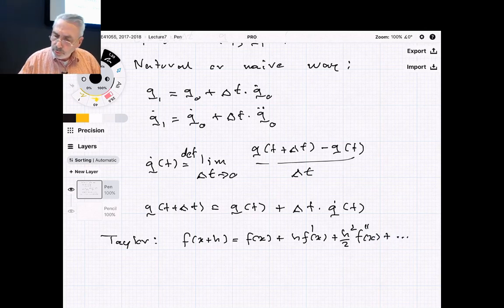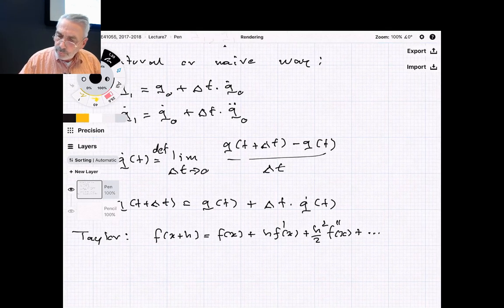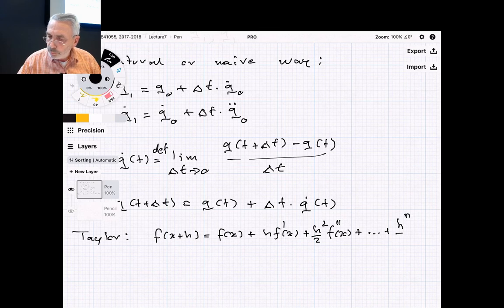How does it continue? It is something with h to the power n divided by n factorial. I always have trouble pronouncing that in the English language. And then this is the nth derivative, not the function to the power.